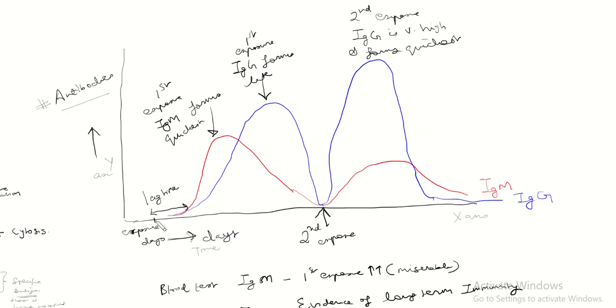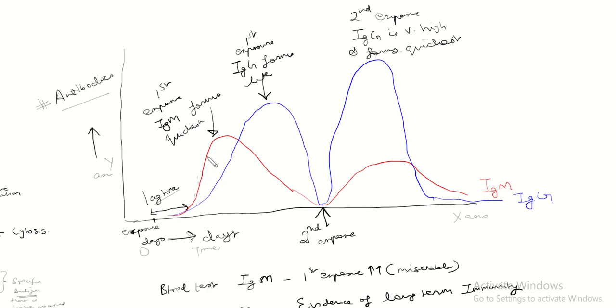So what happens is I get exposed to an antigen on day 0. I have a little bit of lag time, and then I start to see some antibodies get developed. So I've been exposed to the antigen the first time. In the first exposure, IgMs form the quickest.